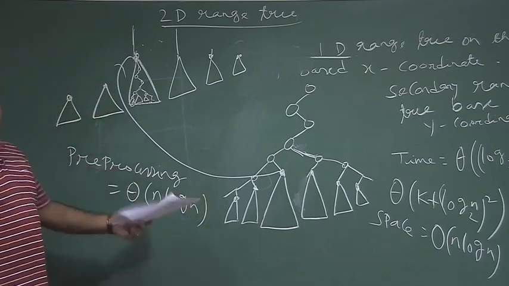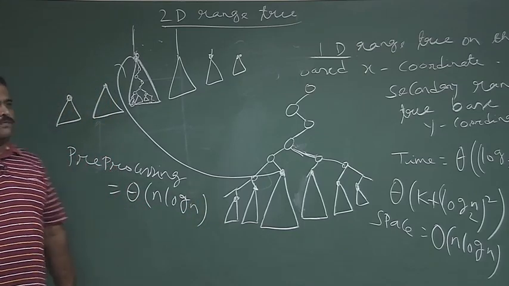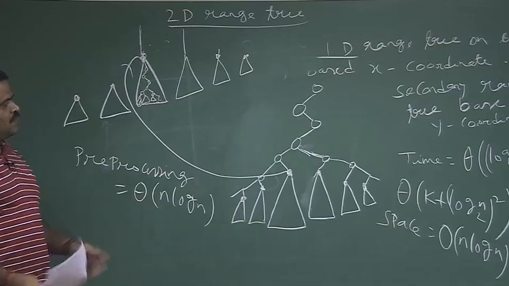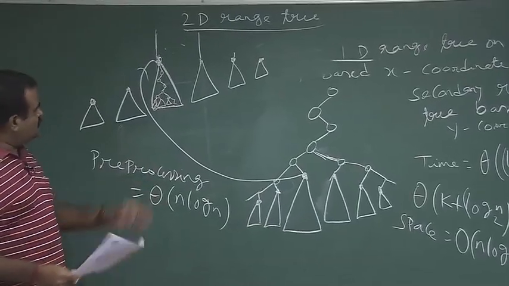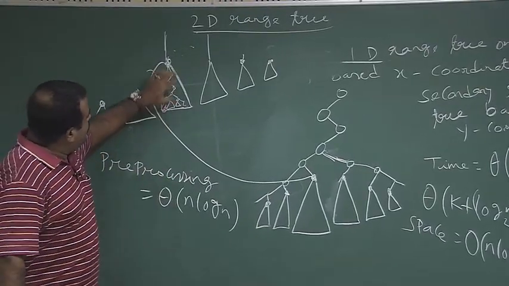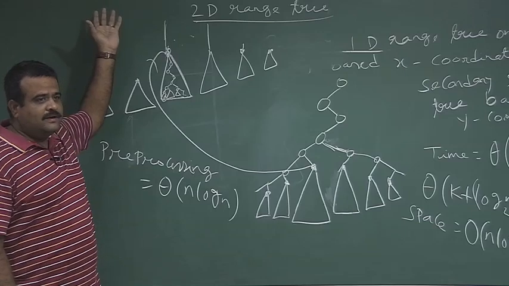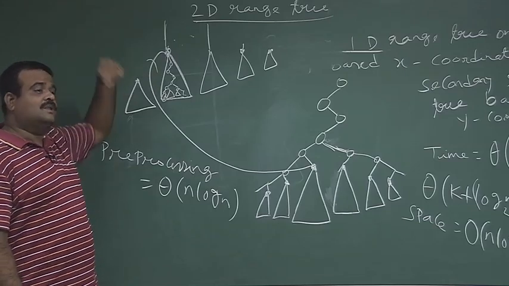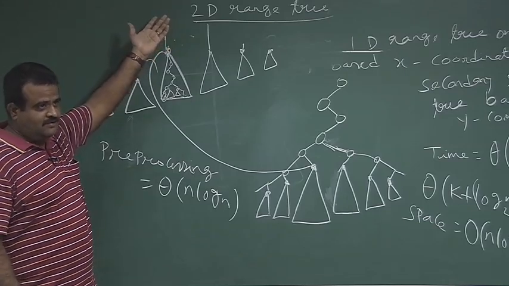Okay. Now, we can extend this idea further to more than 2 dimensions. If it is 3 dimensional, then we will have another 1D range tree based on the third coordinate, the z coordinate.